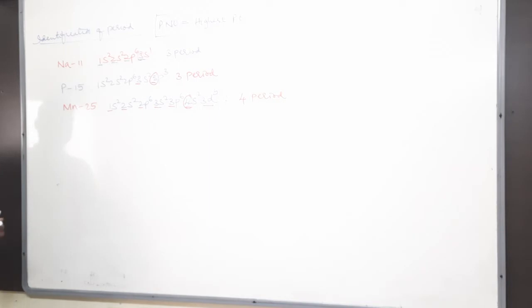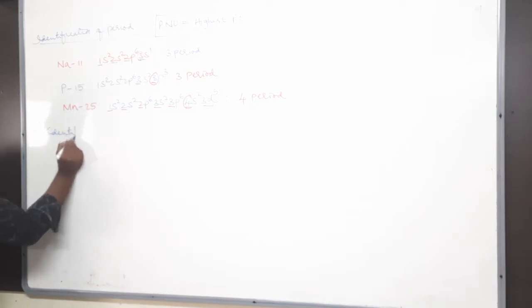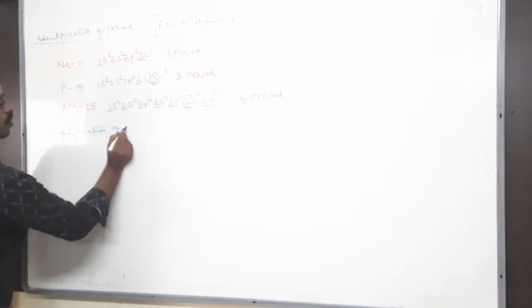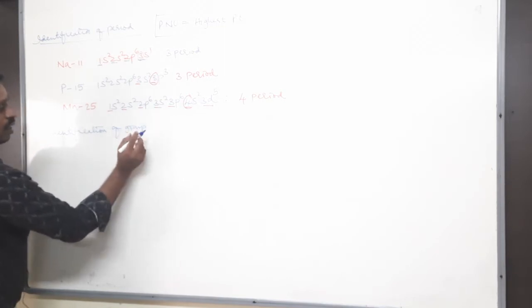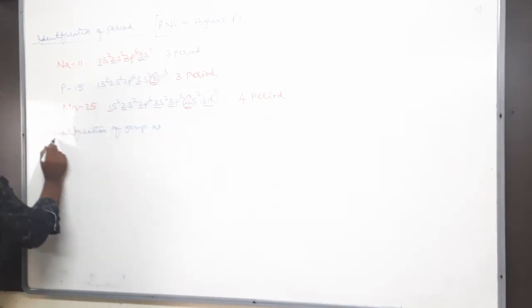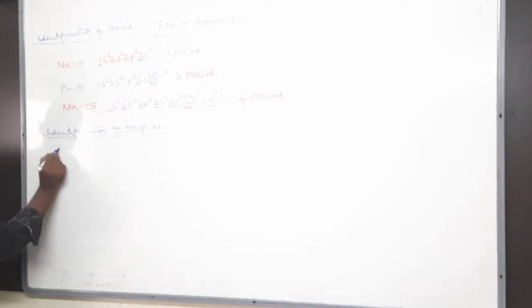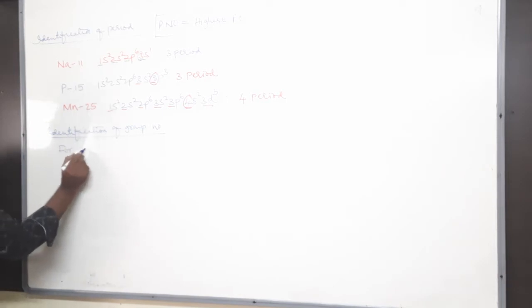Next is identification of group number. In identification of group number, it is different for S block, P block, D block and F block.